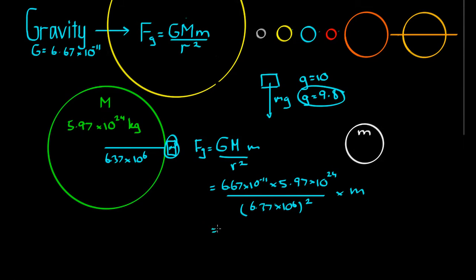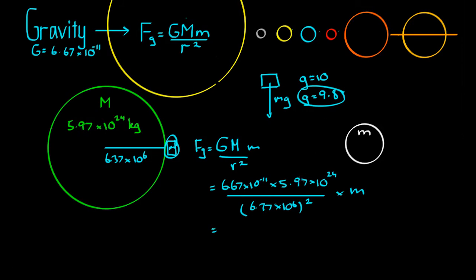And this comes down to, if you plug that into your calculator, I'll do it now just to check, 6.67 times 10 to the negative 11 multiplied by 5.97 times 10 to the 24 divided by bracket 6.37 times 10 to the 6 all squared. Whoops, did I say 5.6?